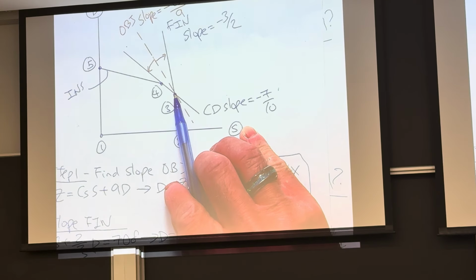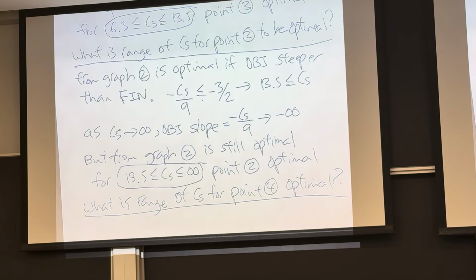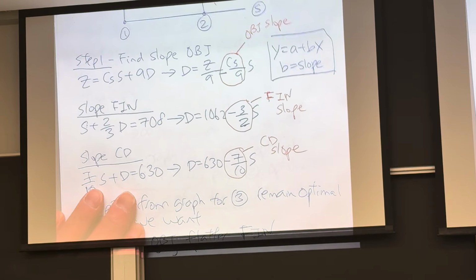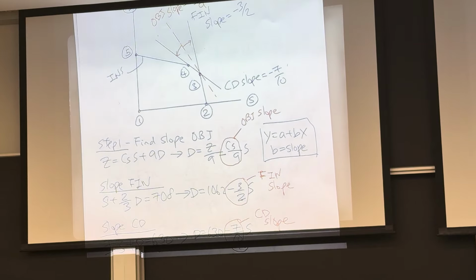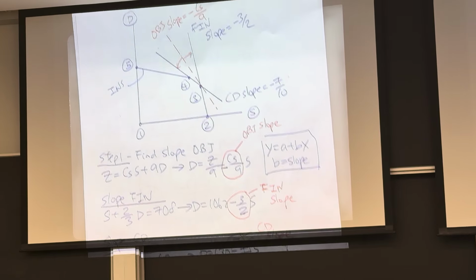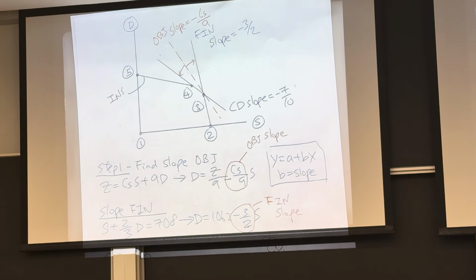But technically, 0.3 is still optimal, right? Okay, so I will put up this graph, and then you can figure out the range of the coefficient for 0.4 to be optimal.